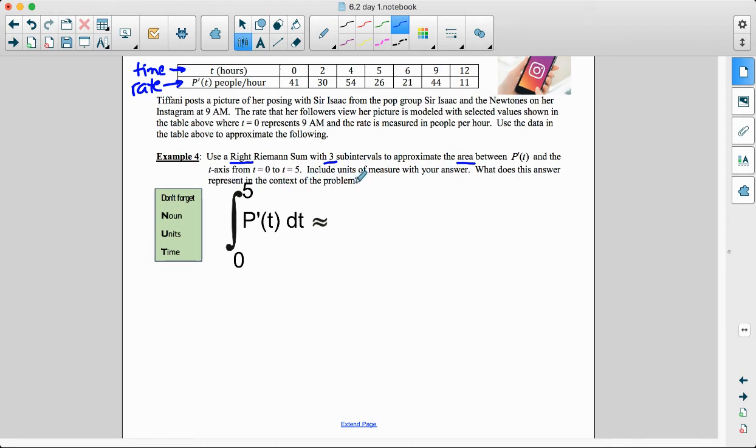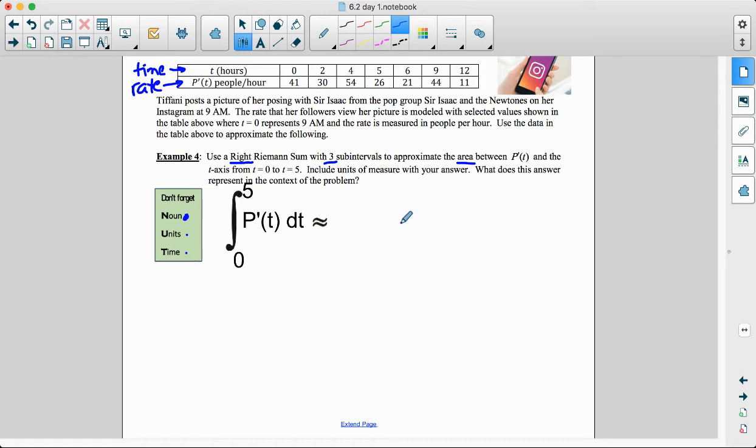So let's first talk about the context of the problem. If you're integrating the rate, basically you're multiplying rate times time. We've got to use the noun, the units, and the time when you're describing what it represents in the context of the problem. The noun would be like, what thing are you talking about? Don't just say the answer is 6.